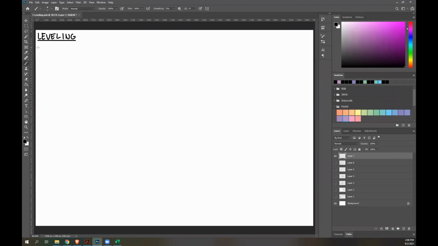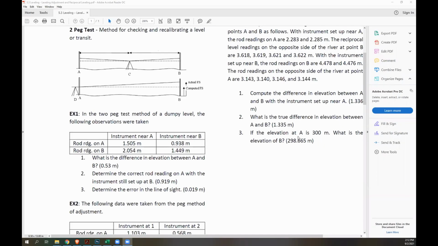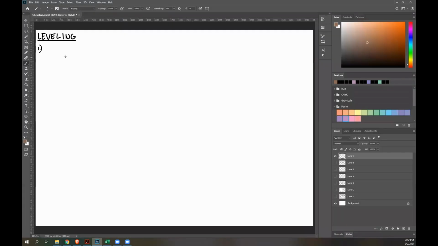Okay, so to get that, let's try drawing first what's happening. We have example 1, instrument near A. So based on these readings, the point with the higher elevation is actually point A, right? Because if you try to plot this out, I'll draw how it's going to look.